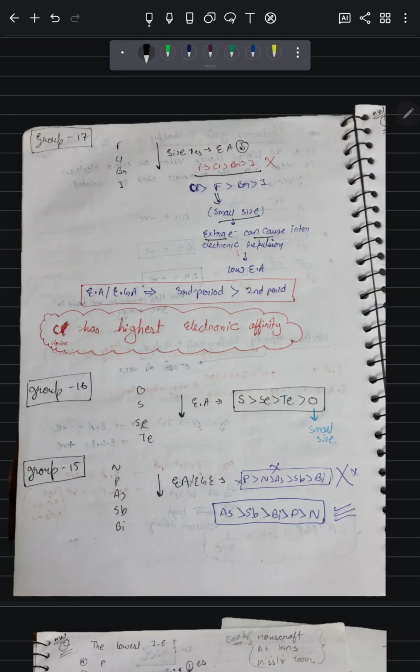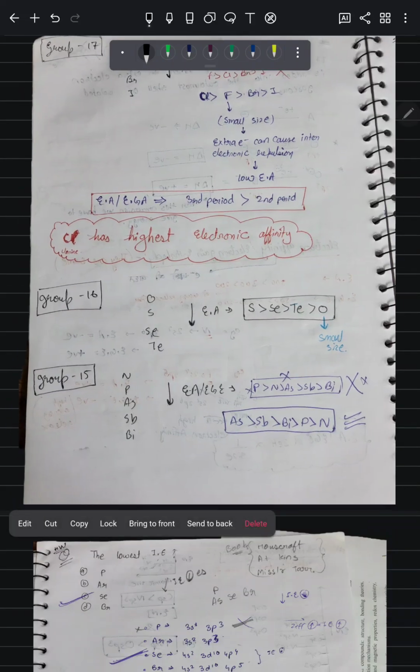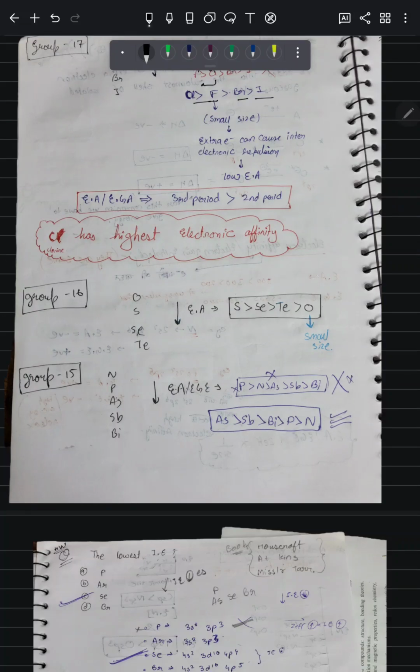The extra electron can cause inner electron repulsion and decreases the electron affinity. So the correct order is chlorine, then fluorine, then bromine and iodine. So this is the order of electron affinity. Why is this happening? Because chlorine has the highest electron affinity in the periodic table. Chlorine. So this is an important note.